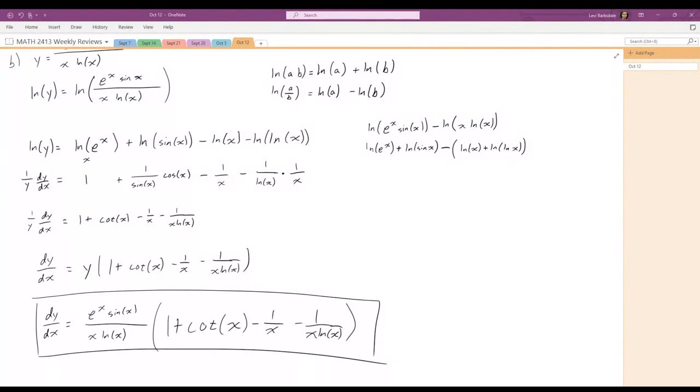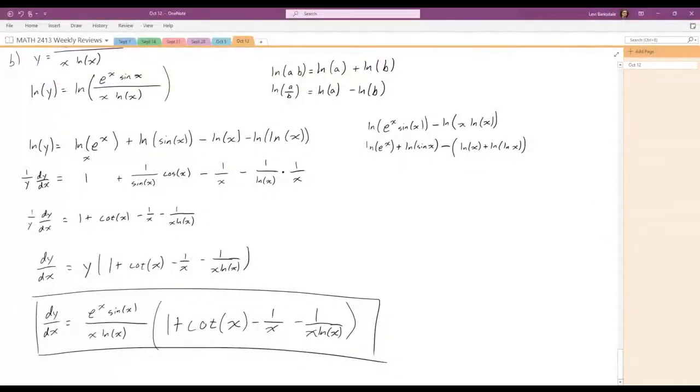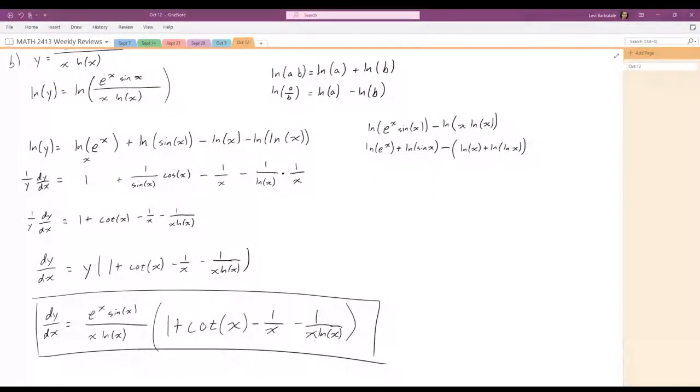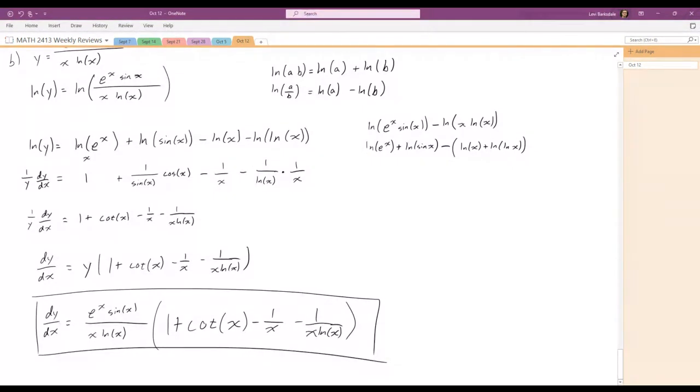When I broke up the x natural log of x using the log properties, you don't understand what I did since the x is in front. All right. Well, good question. Wouldn't there only be one? So your question is, how did I break up x times the natural log of x?